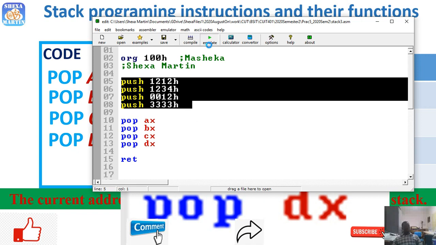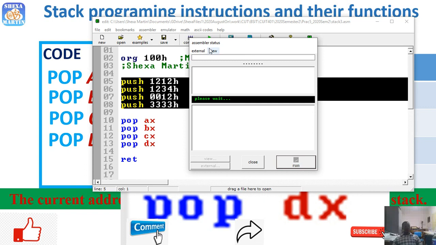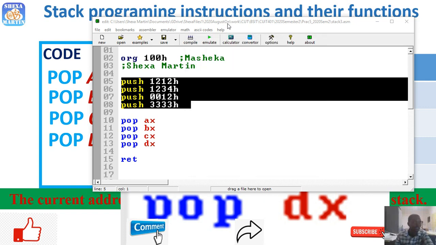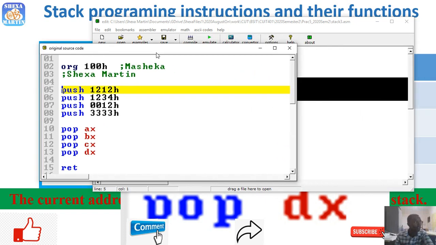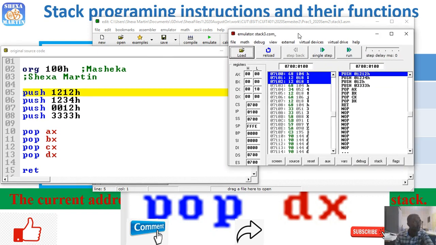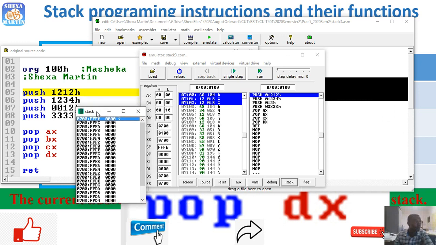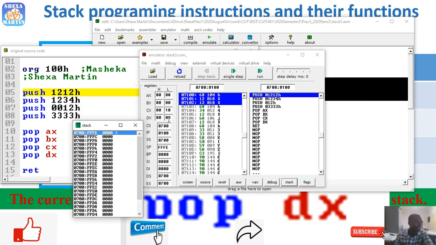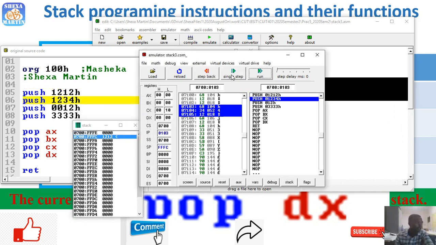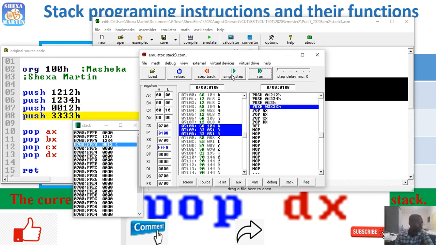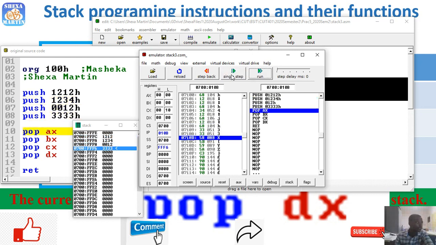So you will see what happens here with our stack. So we put this value there, and this one goes there, right? So our stack, we open our stack and then we put it there so that you can see it. So when I execute this, you'll see values being pushed onto the top of the stack, right?